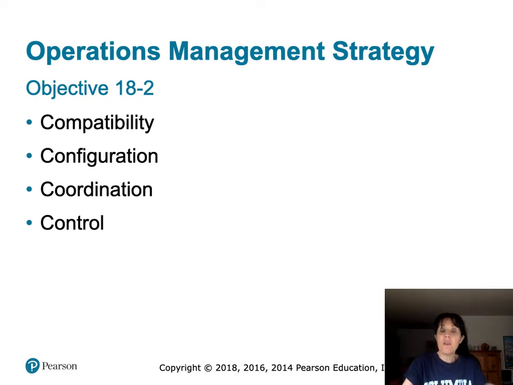However, it's hard to coordinate supplier relations and logistics activities if those issues are not considered when the manufacturing configuration is set up.